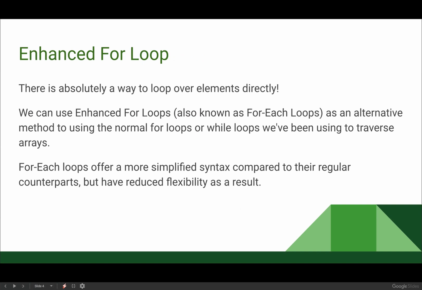If you're familiar with Python, you'll probably know this type of for loop already, where we loop over the elements within a list rather than the indices; in this case, it would be an array rather than a list. These for each loops offer a simpler syntax. They're simpler to write, but they have less flexibility than normal for loops, where you do the for i in range.